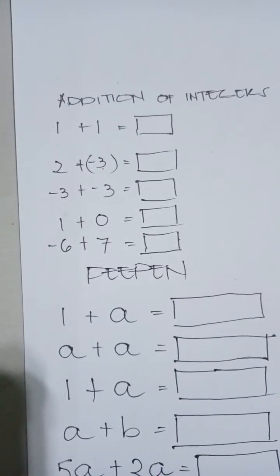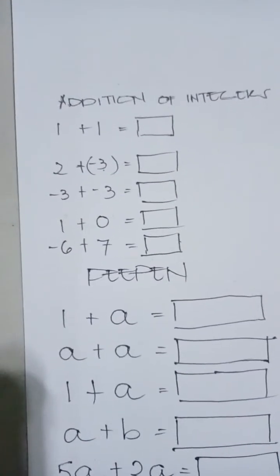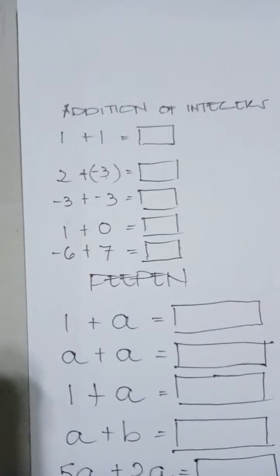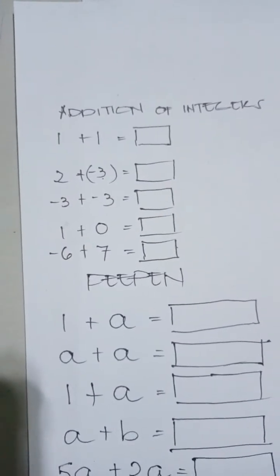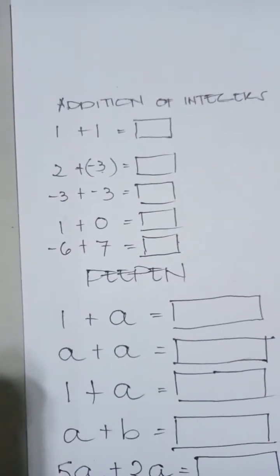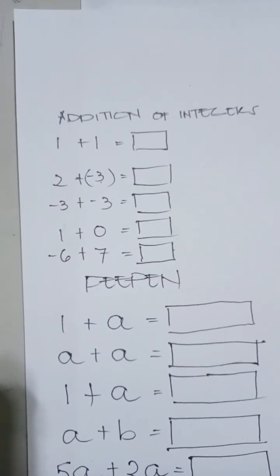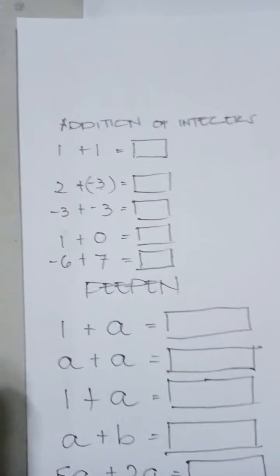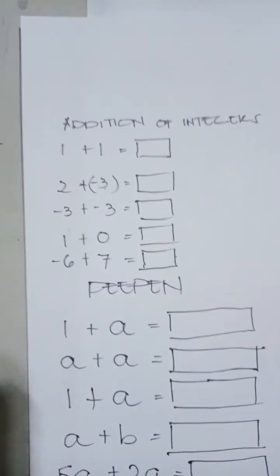Because this is the basic. If you don't know the basic, how can you solve the advanced type of lesson? So for now, this is all about the addition of integers. This is the basic.